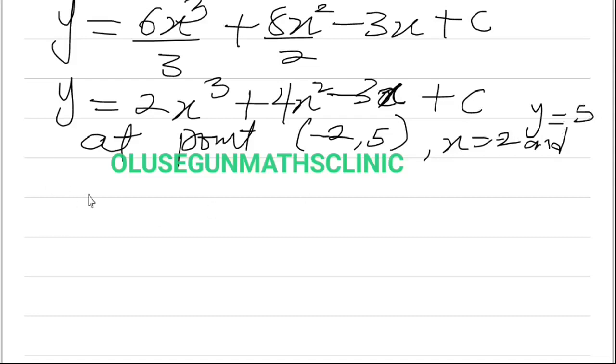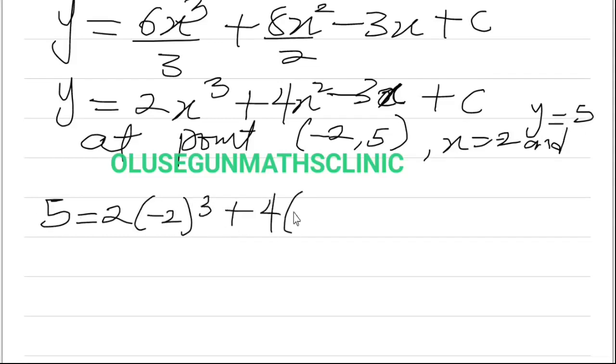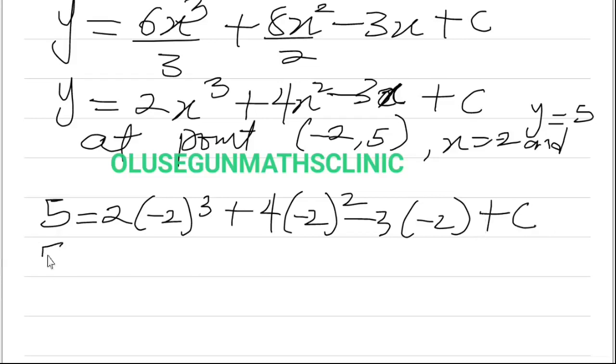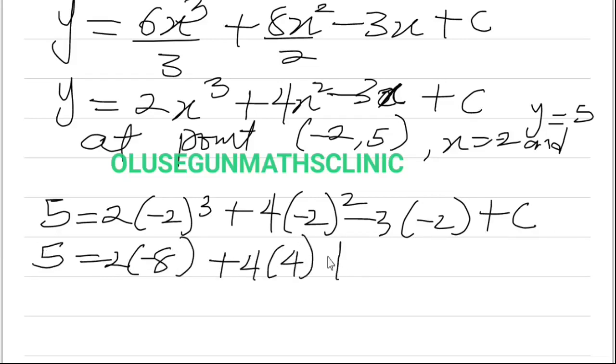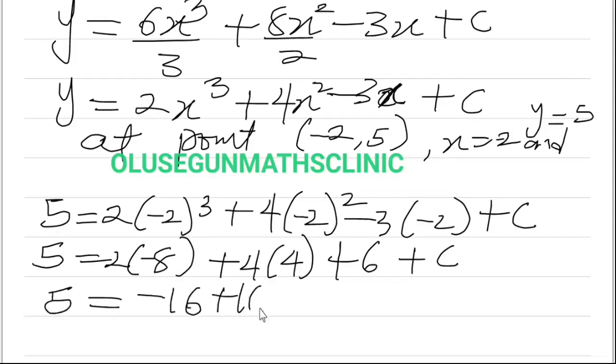So by substituting the values, we have 5 is equal to 2 times -2 raised to the power 3 plus 4 times -2 all squared minus 3 times -2 plus c. So we have 5 is equal to 2 times -8 plus 4 times 4 plus 6 plus c. So we have 5 is equal to -16 plus 16 plus 6 plus c.